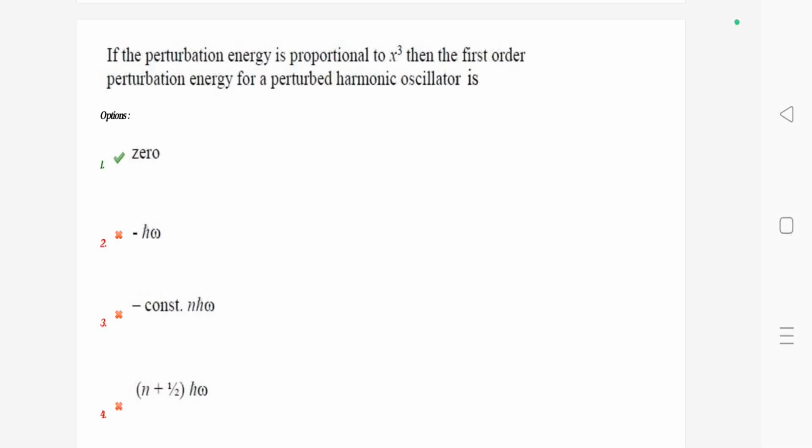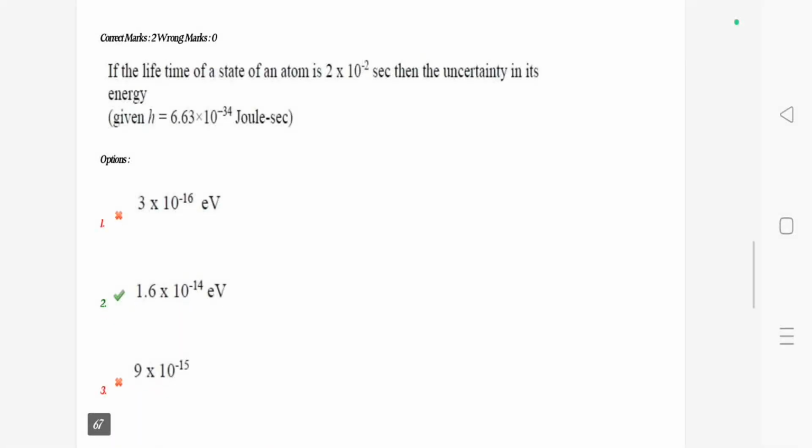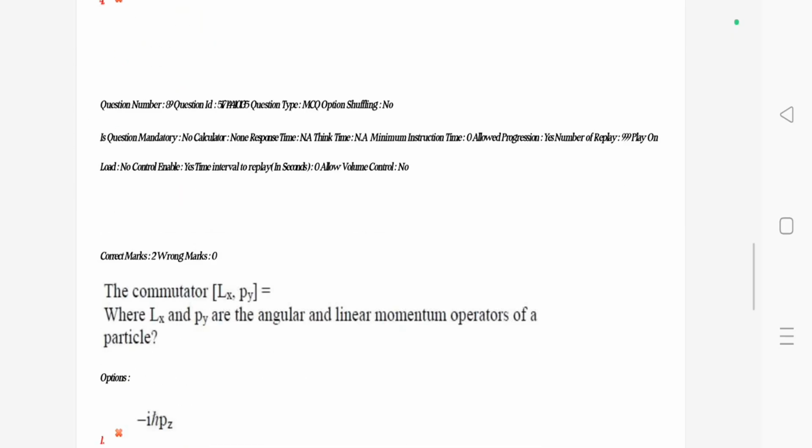If perturbation energy is proportional to x cube, then the first order perturbation energy for the perturbed harmonic oscillator is 0. If the lifetime of an atom is 2 × 10^-2, then the uncertainty in energy, this I explained, is 1.6 × 10^-14 electron volt.